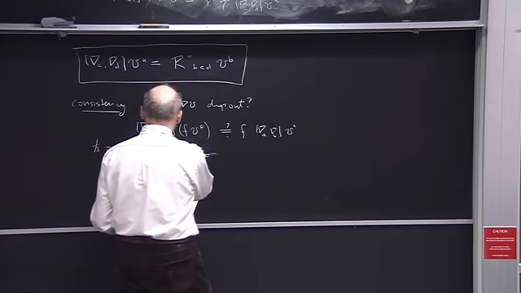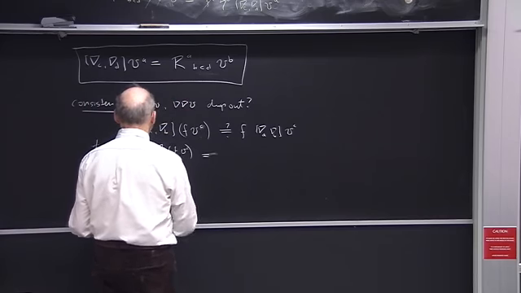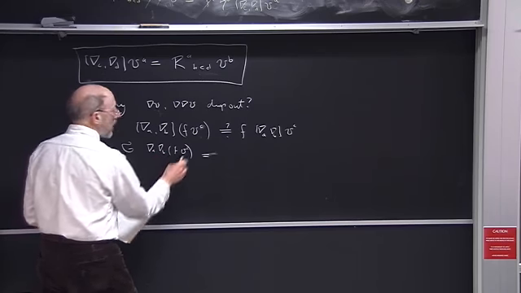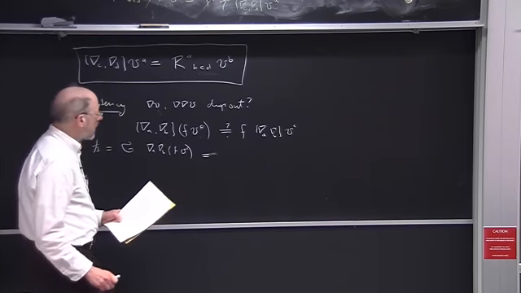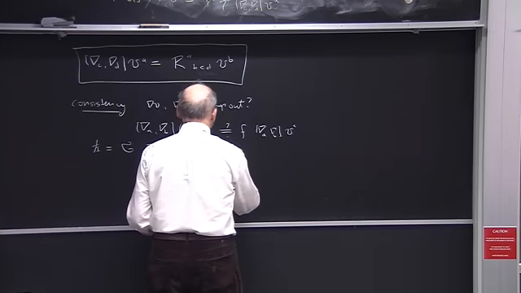This obviously has several terms in it. We have two derivatives. They can both act on f, they can both act on V, or one can act on f and one can act on V.